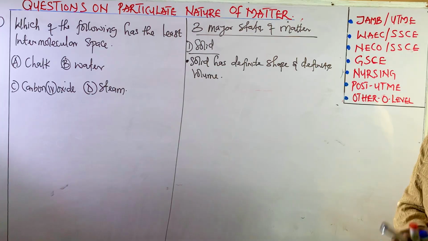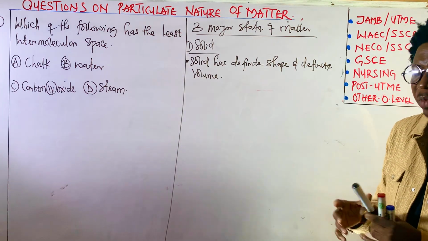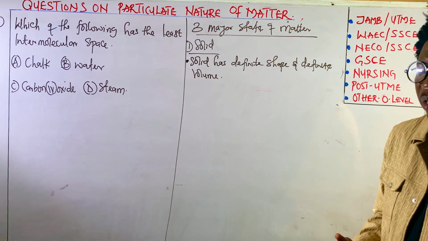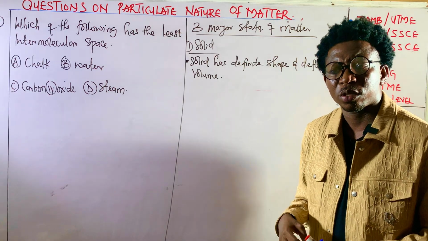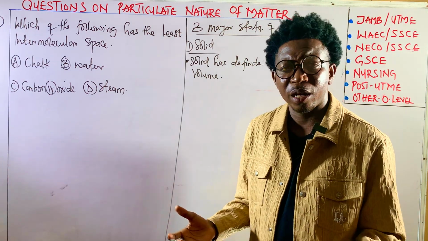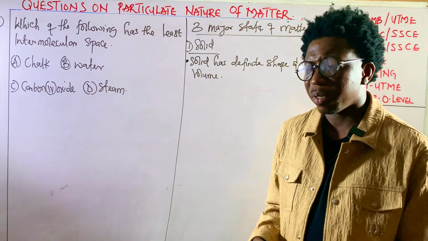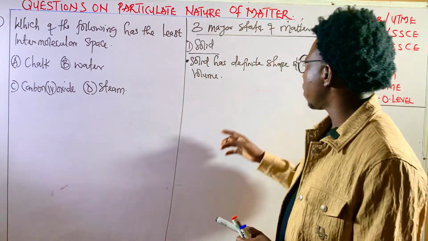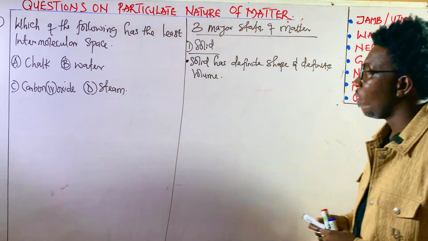Solid can take a definite shape. The shape can be regular or irregular. The shape can be regular when we talk about a solid that can be spherical in shape, square in shape, rectangular in shape, or different shape. However, solid also has a definite volume.